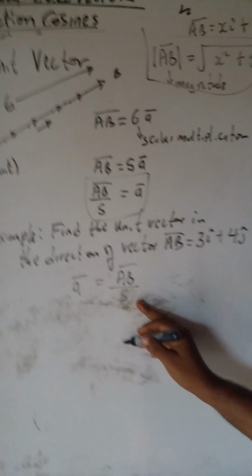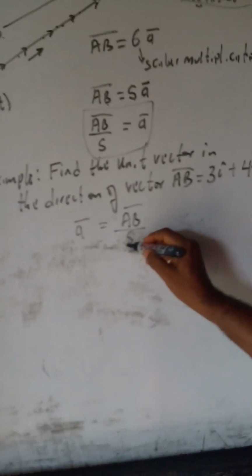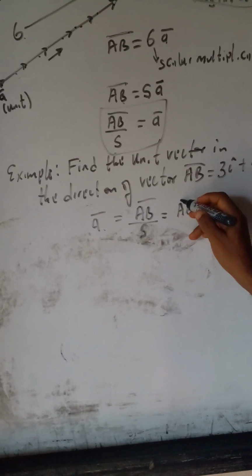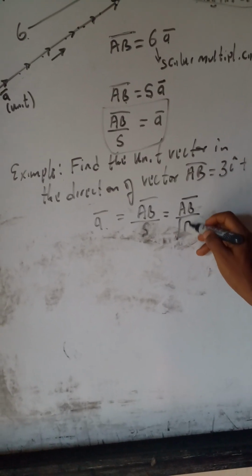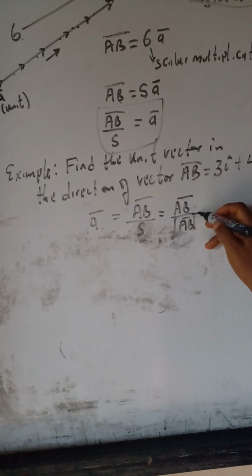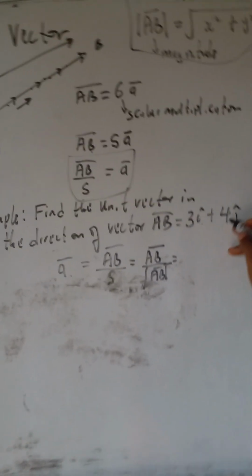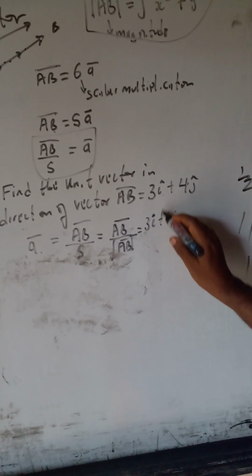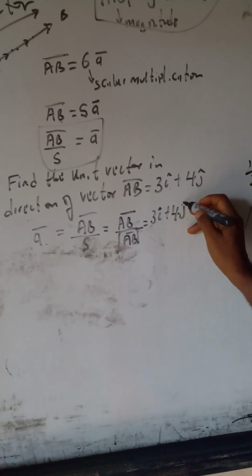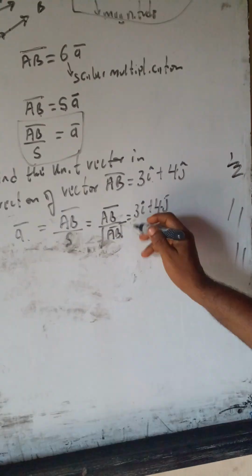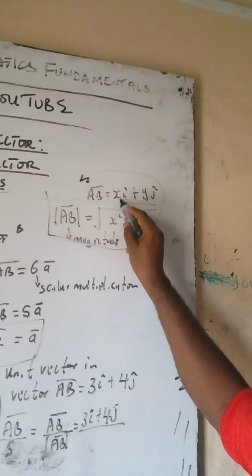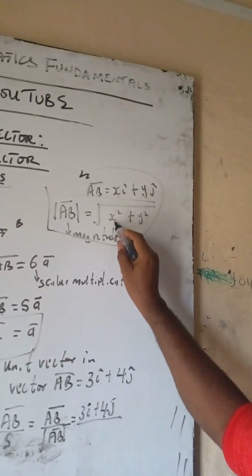So in this particular question, the scalar multiplication of unit vector a is the magnitude of vector AB, which I can write as vector AB divided by magnitude of vector AB. The vector AB is 3i plus 4j, then divided by the magnitude of vector AB. When we use this formula, the magnitude of vector AB, given the coefficients of the unit vectors, is the square root of x squared plus y squared.